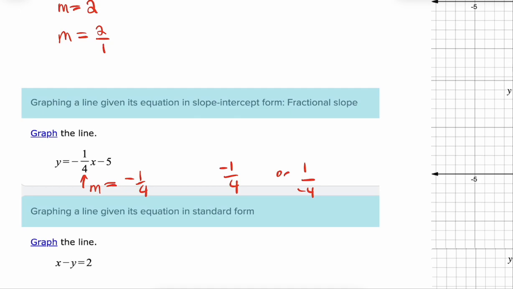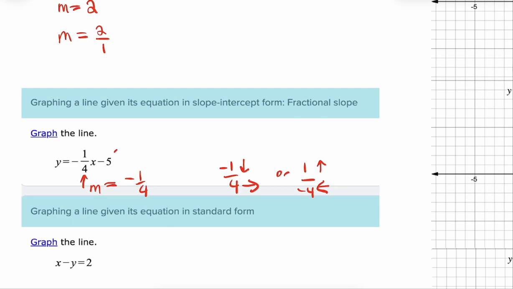I sometimes will pick, if my y-intercept is up really high, then I'll pick something that will take me down. If I have a really low one, I might pick something that's going to go up. Doesn't matter. This one, you're going to go down and then right. This one, you're going to go up, but then left.